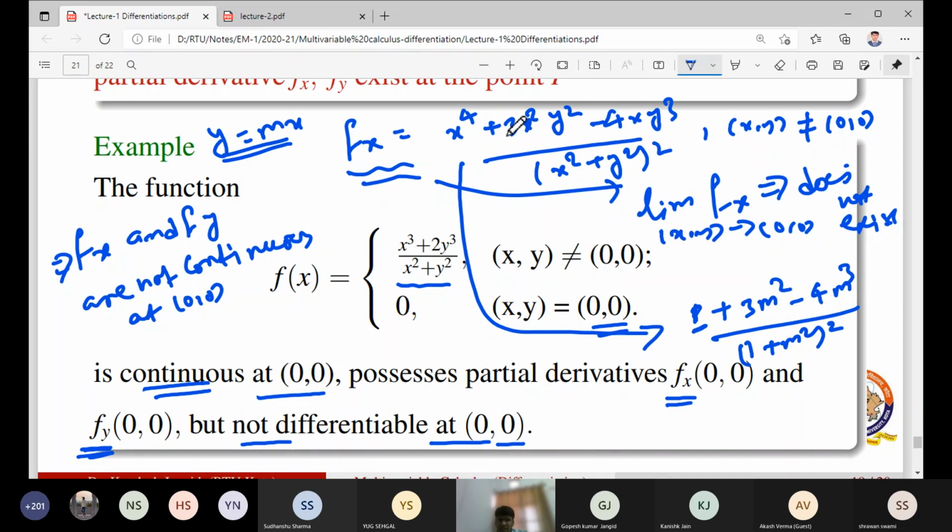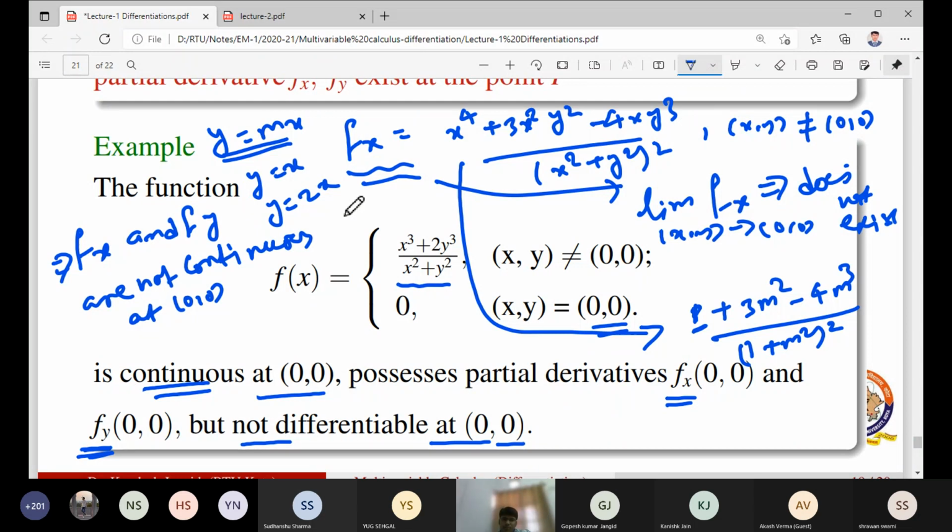So you can easily verify here that limit of this function fx at the point (0, 0) does not exist because it depends on the path. If you take y equals to x path, then limit will be different. If you take y equals to 2x, then limit will be different. All right. So you can easily verify this one.